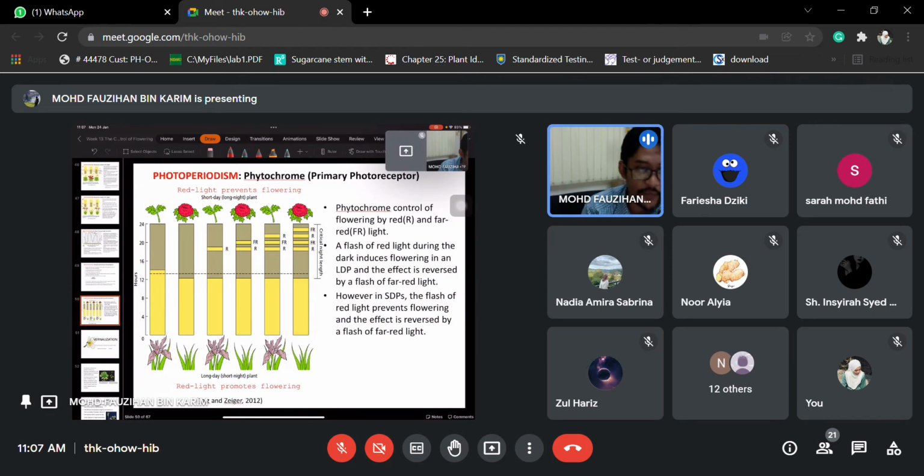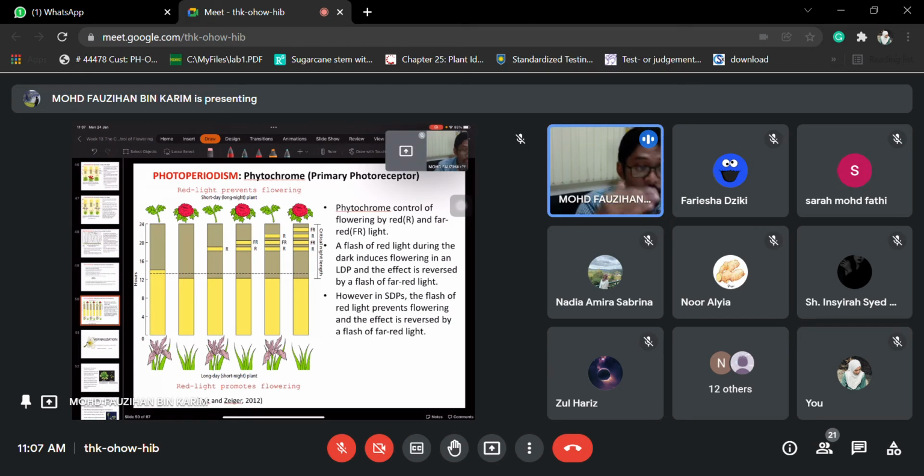Okay, this is very important. This is a very important gambar aja, right? I repeat, this is very important that you have to understand whether the plants will be flowering or not, depending on the light exposure.